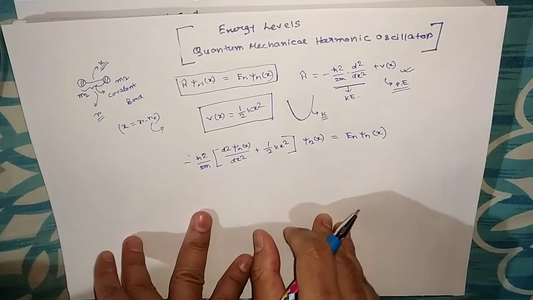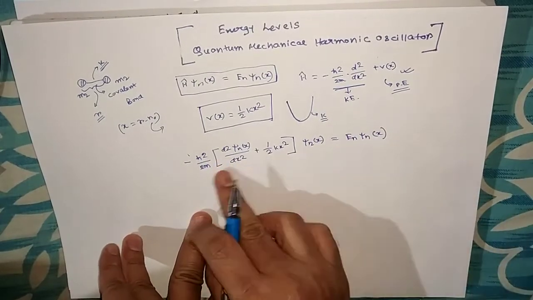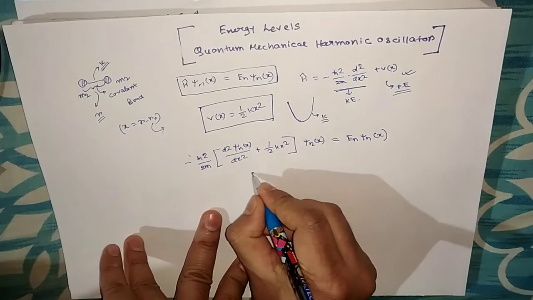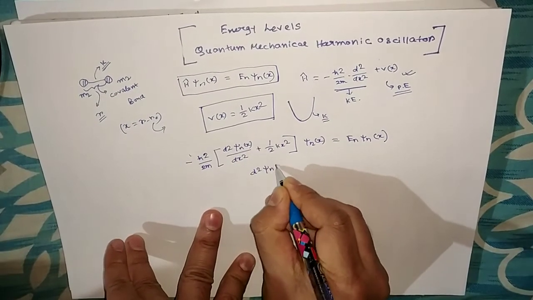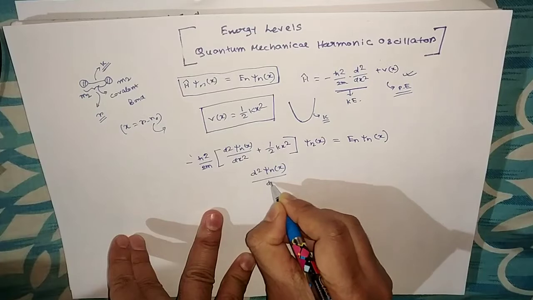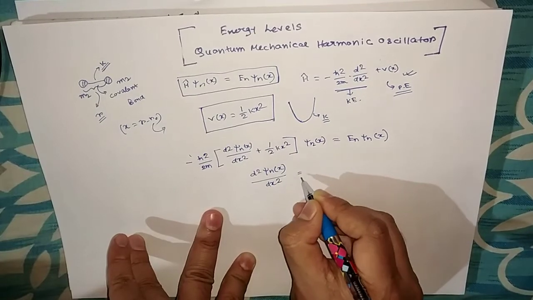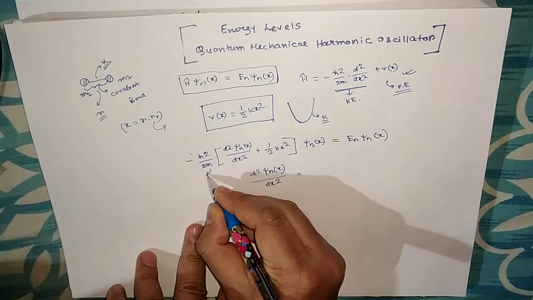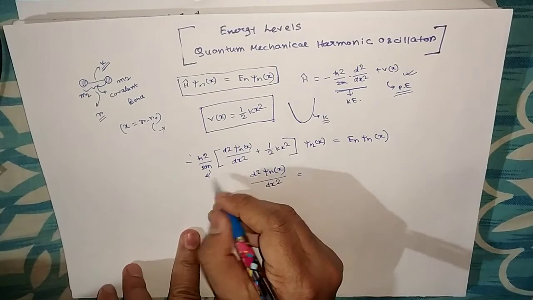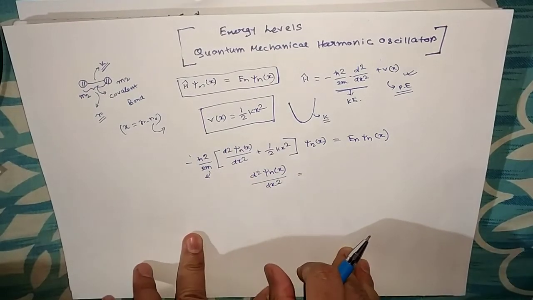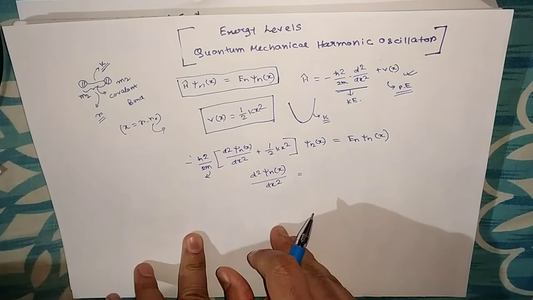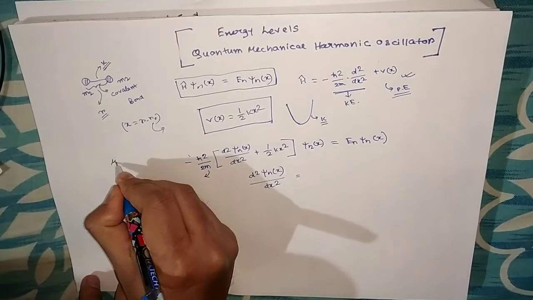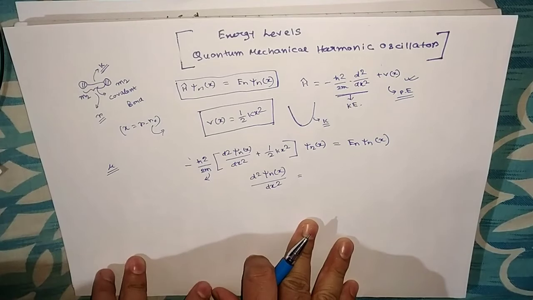If you rearrange this equation, you can do it on your own, we will obtain an equation that is d square psi n(x) by dx2 is equal to... Here we have used the mass m, but as I described in my previous lecture, we should take the reduced mass instead of the individual masses of these two atoms.